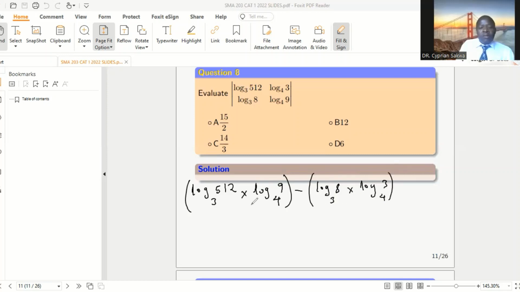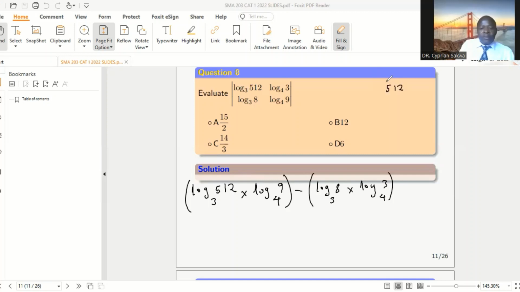Now, it's good to always try and work with the same bases. I can see the base is 3, then 4, then 3, and then 4. For this one, it's easy to work with the same base. What about this one? It's also very easy. So let's try and simplify.